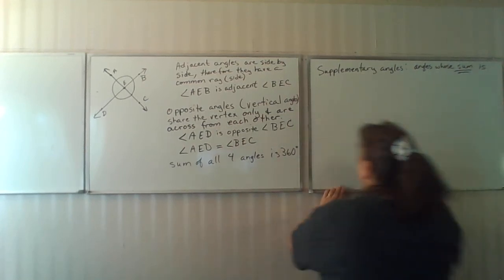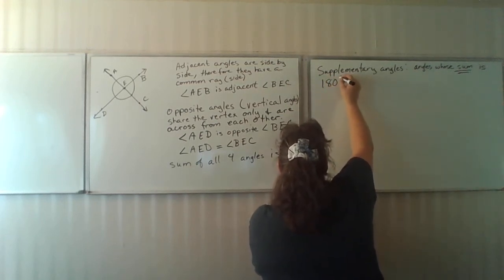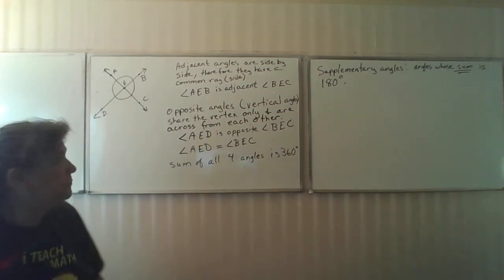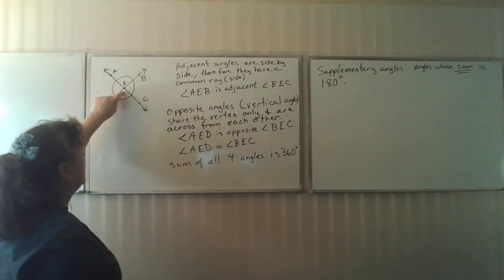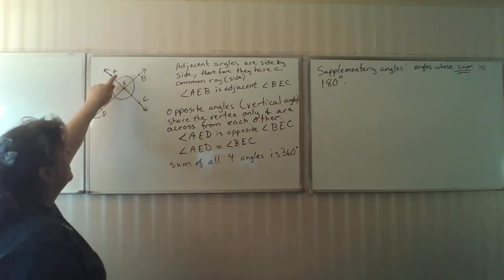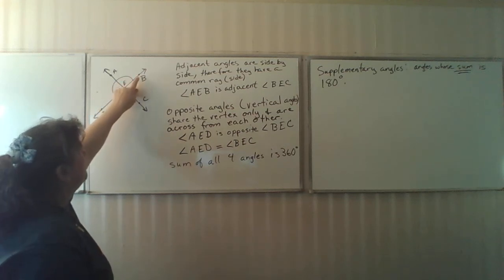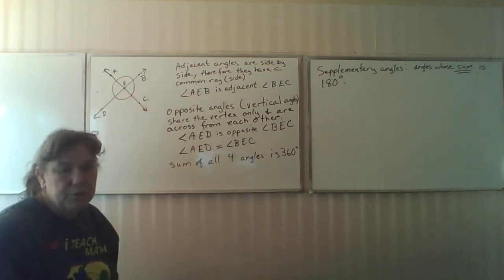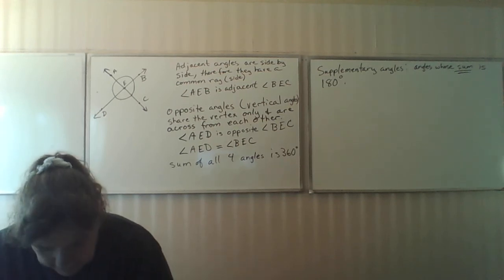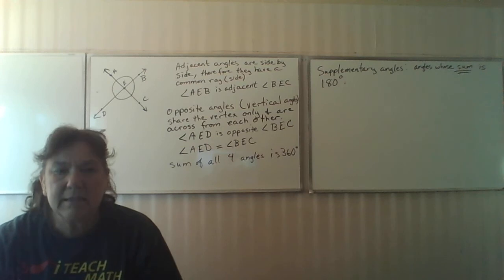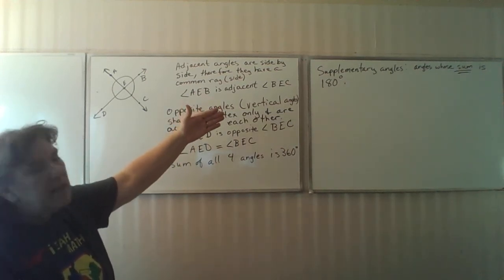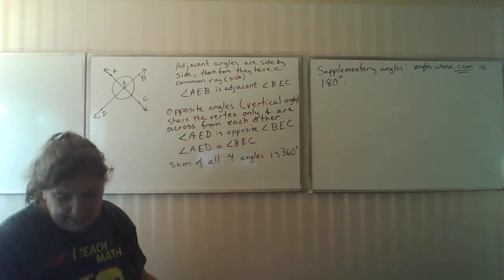Better not go further. I'll run off the edge. Okay, so if we were to look at this picture over here, angle AEB is supplemental to BEC, and the sum of AEB and BEC is equal to 180 degrees. In other words, supplementary angles add to 180 degrees, which also forms a straight angle.